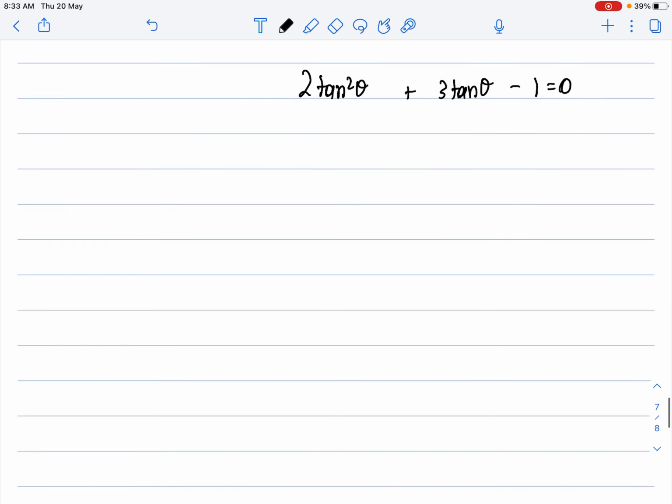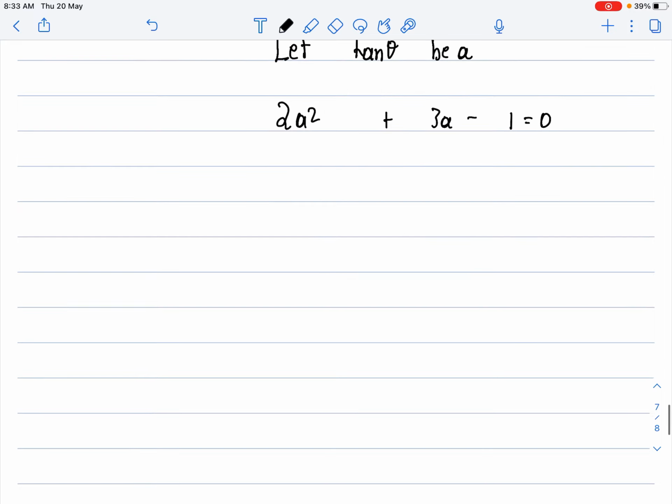Okay? Now as you can see, this is a quadratic. So I can say let tan theta be A. That means this is 2a square plus 3a minus 1 equals to 0. Correct?